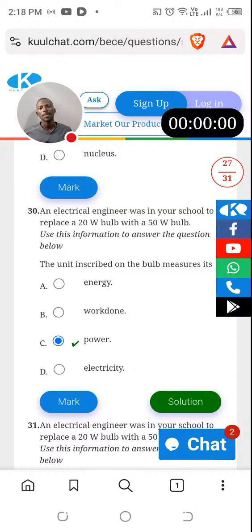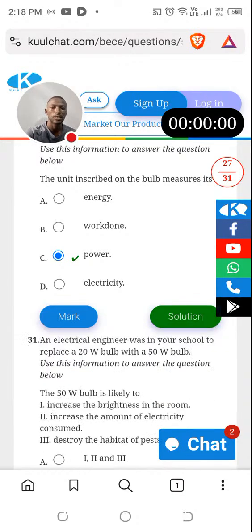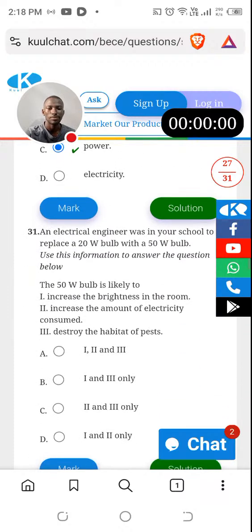So if you are given the bulb's power rating, like the watts, that tells you that that's the power rating of the bulb. Basically, the SI unit of power is watts. So that is why we chose the answer.